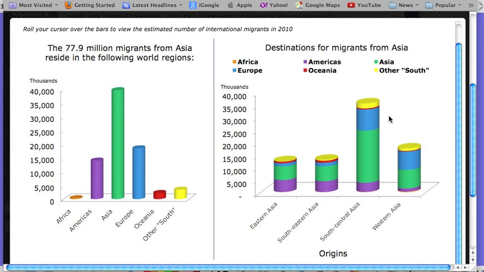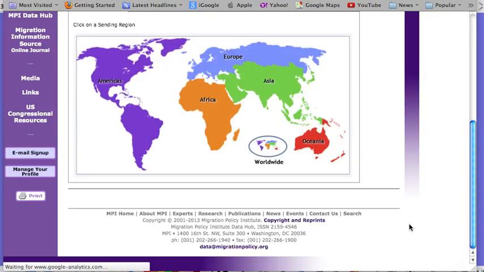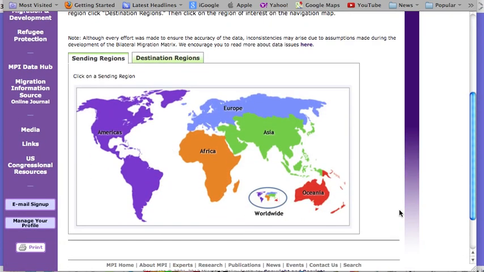So these areas are closer to Europe, so you would likely see more migrants going to Europe because it's close. And again, there is no evidence here of any migrants from Asia going to Africa. They're going to be looking for jobs, and you're probably not going to find as many jobs in Africa.